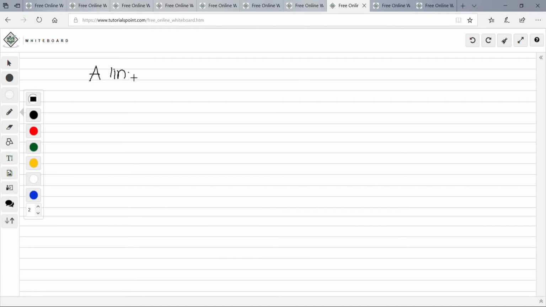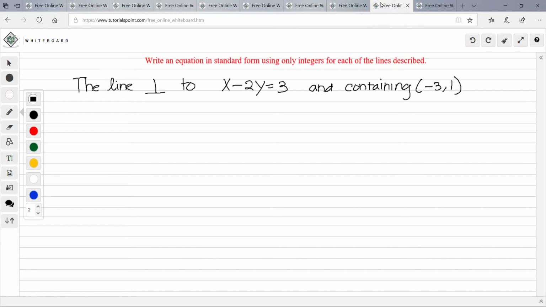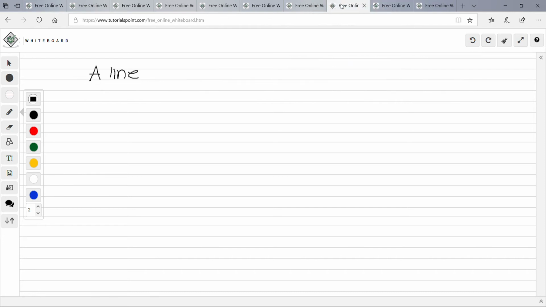A line that is perpendicular to 3y minus 3x equals 7.